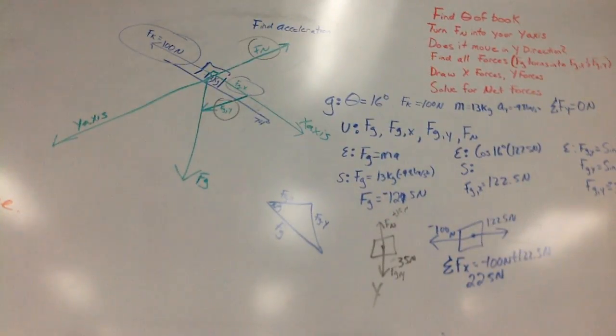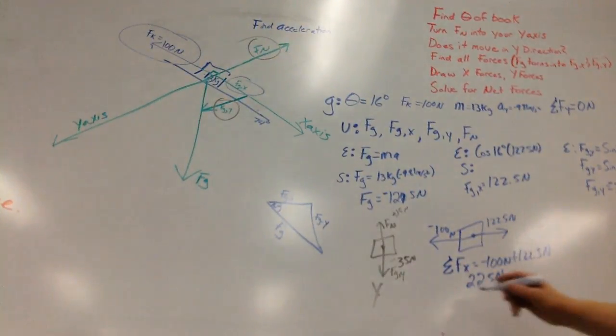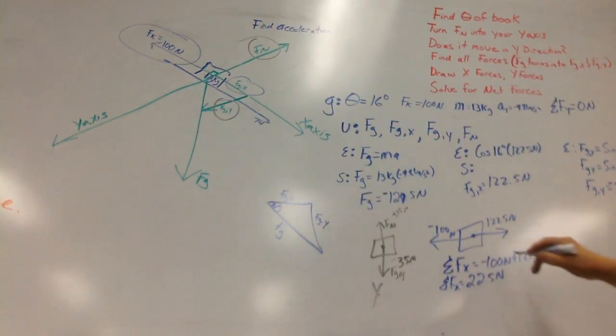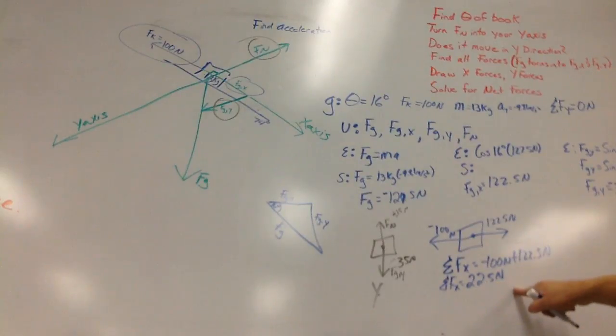Notice it will be positive because it's going to the right. Now we have the net force in the X direction of the box. Okay, so the only thing acting on this box right now in the X direction, remember this is 0 in the Y direction, so the only thing acting is something in the X direction, and it's pushing it 22.5 newtons to the right.